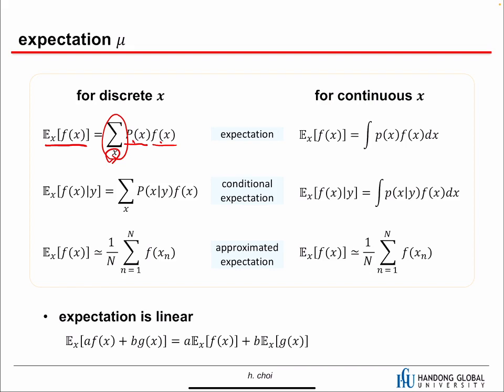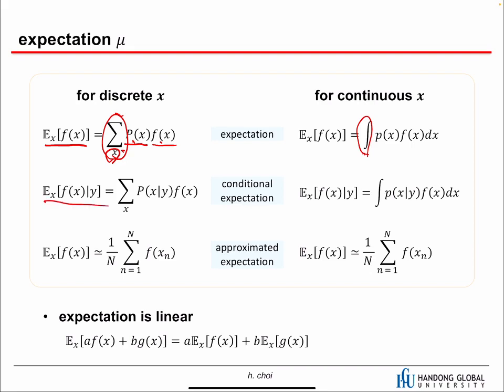And for a continuous variable, we need the integral instead of this summation. Sometimes when we derive equations, we focus on the continuous case, because for the discrete case, if we just change the equations from integral to summation, basically it says the same thing.